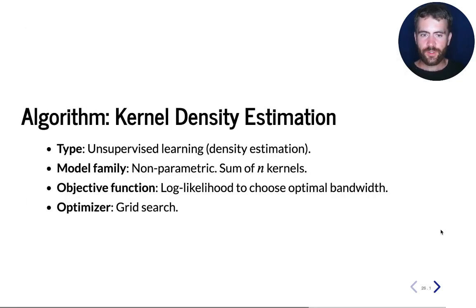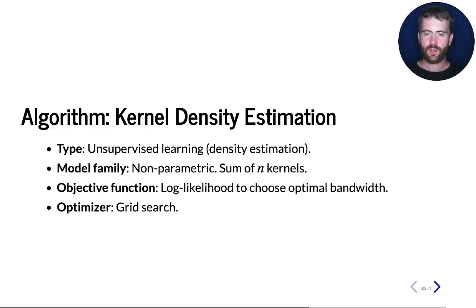So just to summarize, we have defined an algorithm called kernel density estimation. It's an algorithm for unsupervised learning. It solves the density estimation problem, and its model family is non-parametric. As you saw earlier, the probability is a sum over kernels over n data points, and so the number of kernels increases as we increase n.